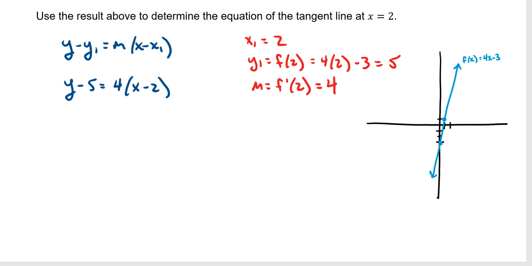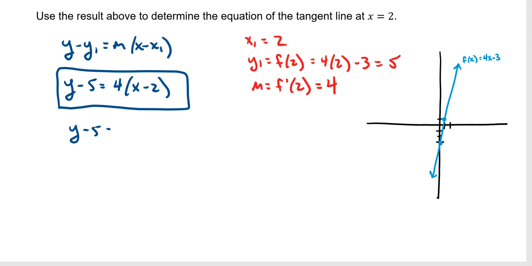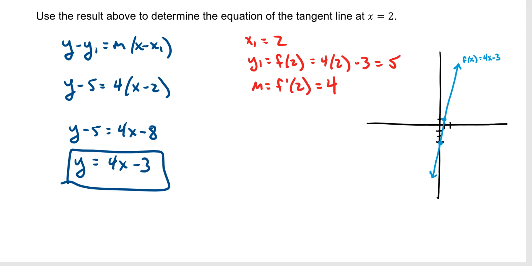You could circle this. You could solve this for y. If you solve this for y, you end up getting 4x minus 8. Add 5 to both sides, you get 4x minus 3. Notice that this is the same equation as the equation of the line, right? So if you think about why this is, at x equals 2, that's going to be right up here somewhere.